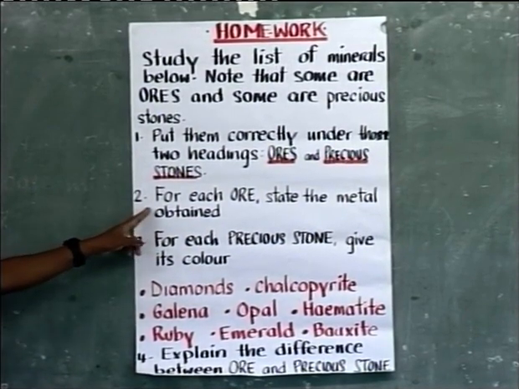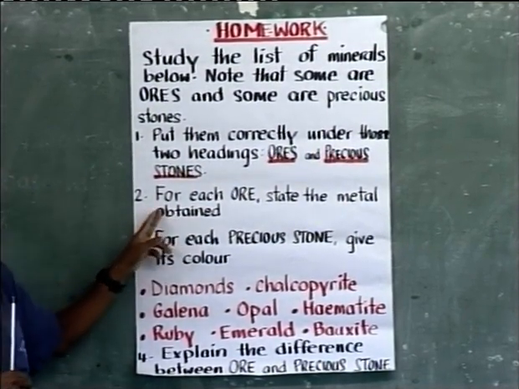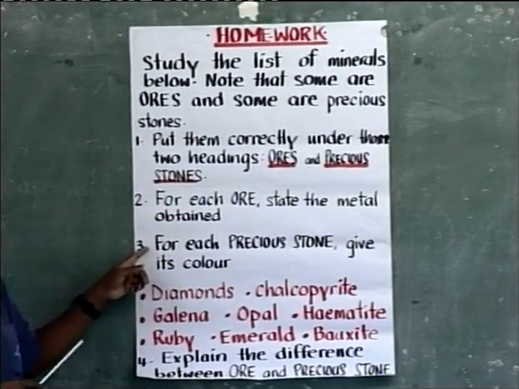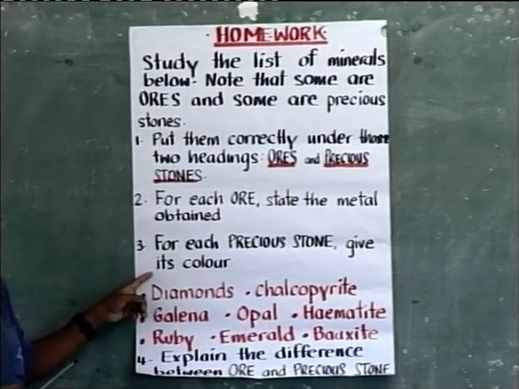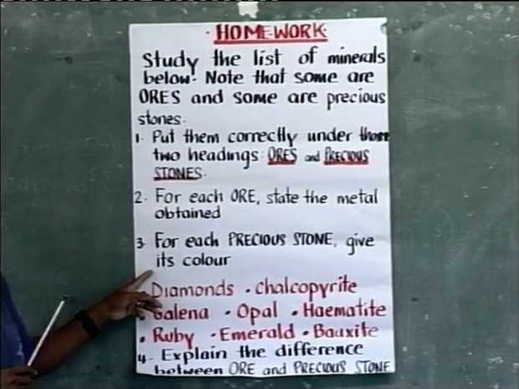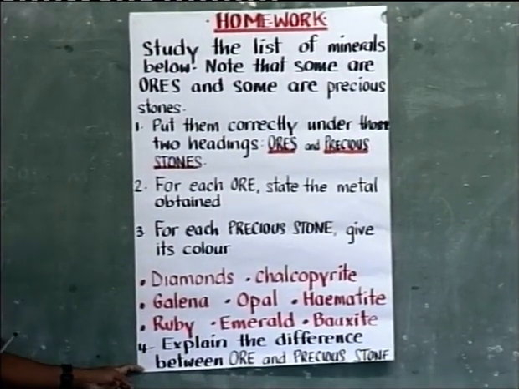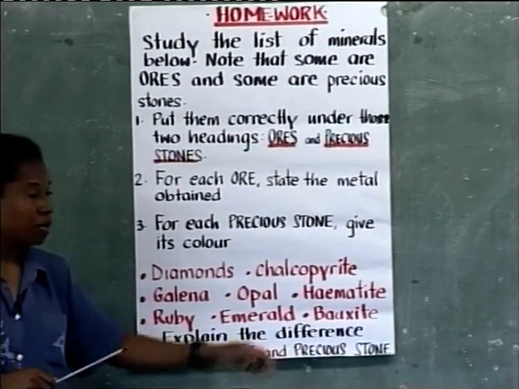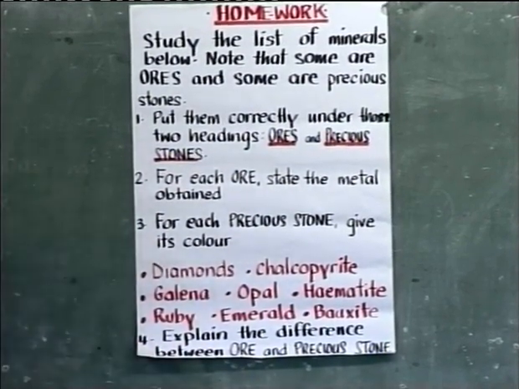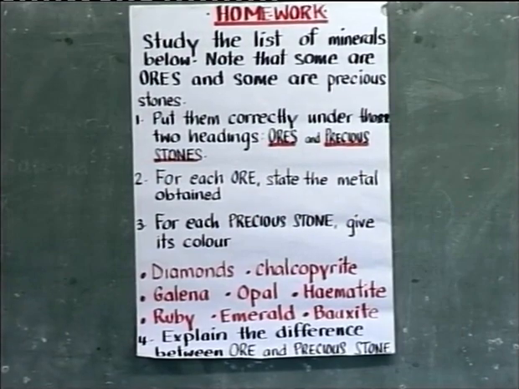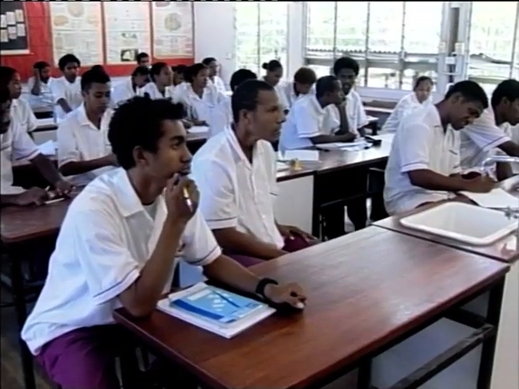For each of the ores, you state the metal which is obtained. For each of the precious stone, you give its color. And finally, explain the difference between ore and precious stone. Okay, those then would be your activities for your homework to actually complete.